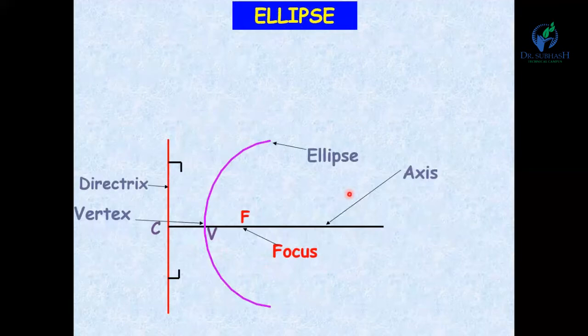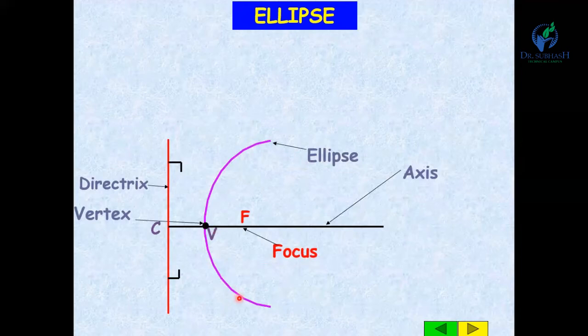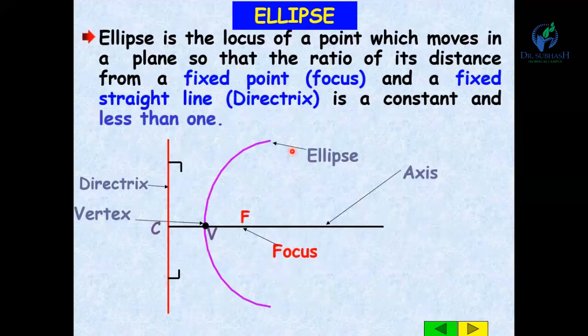Now, the definition of the ellipse. You can see this curve is an ellipse. Focus, axis, directrix, V is the vertex. So as per the definition, an ellipse is the locus of a point which moves in a plane so that the ratio of its distance from a fixed point, the focus, and a fixed straight line is a constant and less than 1. So here in the ellipse, you have to remember that the eccentricity is less than 1.